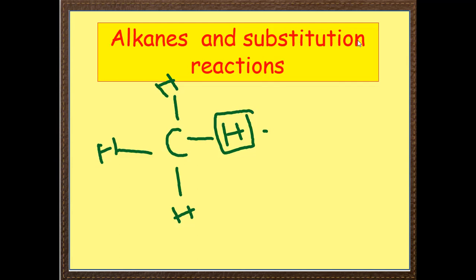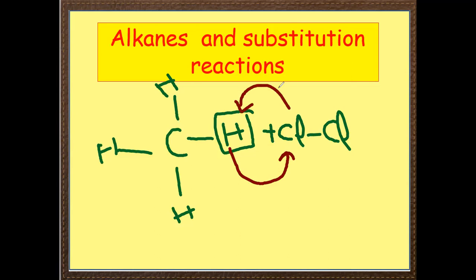For example, I am going to say it is going to react with chlorine. What will happen here now? This hydrogen reacts with this chlorine, or you can say this chlorine reacts with the hydrogen and makes HCl.